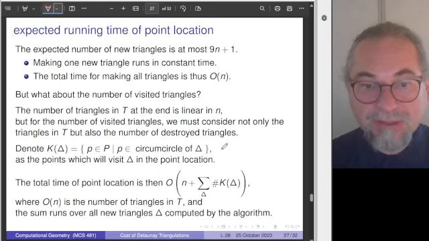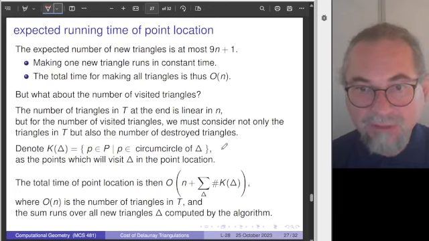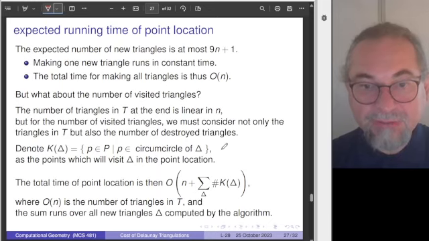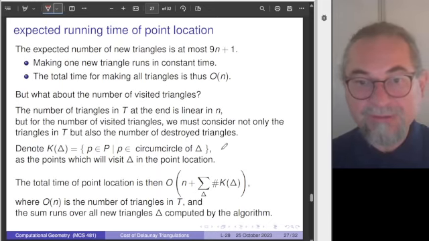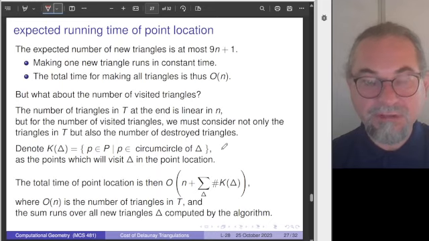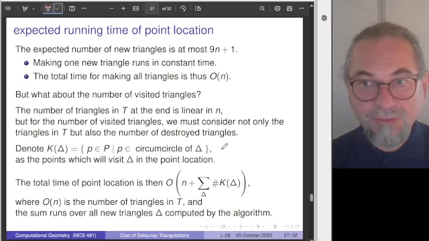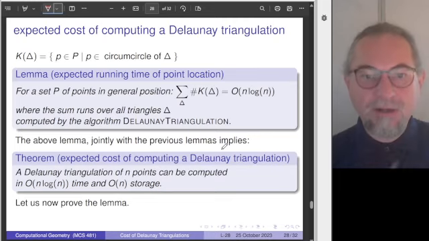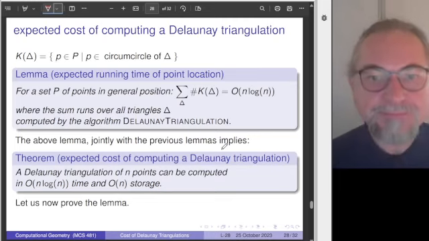Okay, so then the total time of the point location depends on the number of triangles that we have, and it depends on the number of points that are in these circles. So the sum runs over all new triangles computed by the algorithm. Okay, we will prove a lemma.